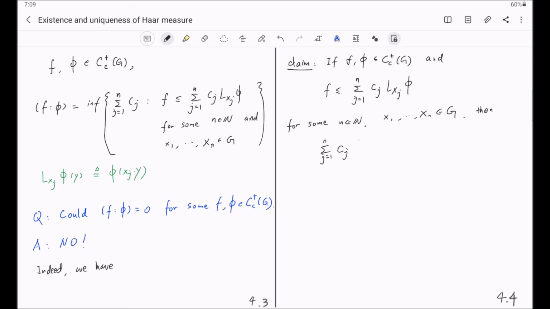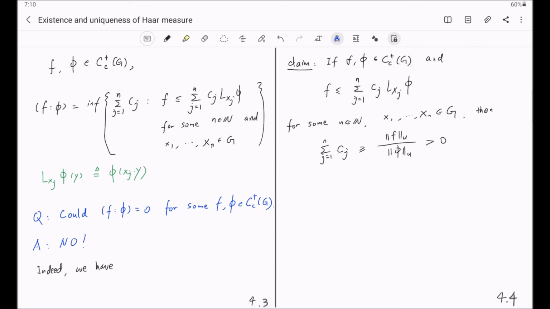This guy will be greater than or equal to the supremum norm of f over the supremum norm of phi. And in particular, this is greater than 0, because f and phi are both in CC plus G, by definition, this numerator will be greater than 0.